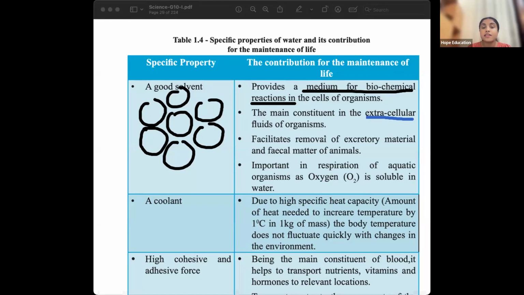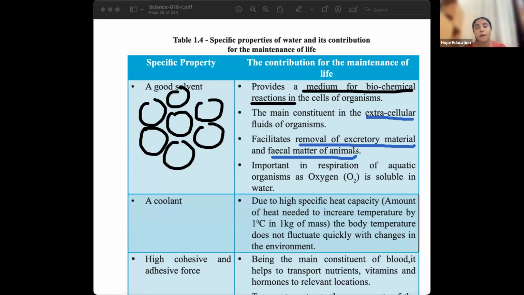Then facilitates the removal of excretory material and fecal matter. What does that mean? This might be based on a personal experience, or you may have seen animals or even human beings. It may be something we experience all the time. Let's say you don't drink enough water. Let's say for about a week you don't drink enough water, you drink a very small amount of water. What happens when you defecate? Defecate means feces.